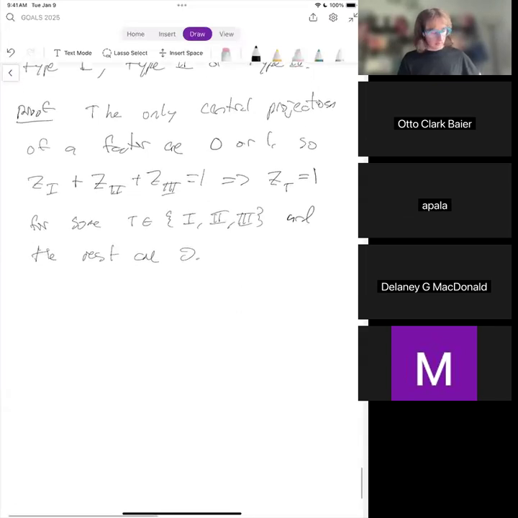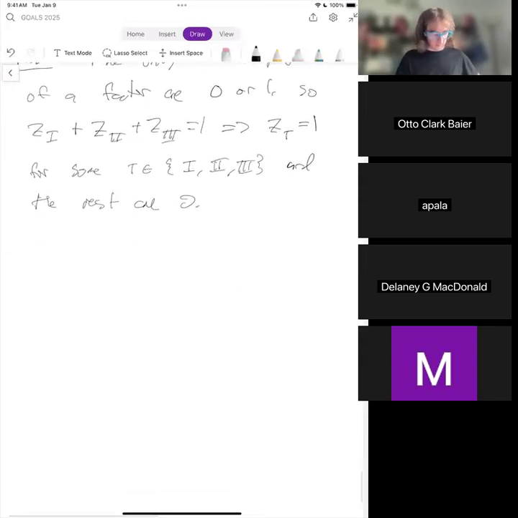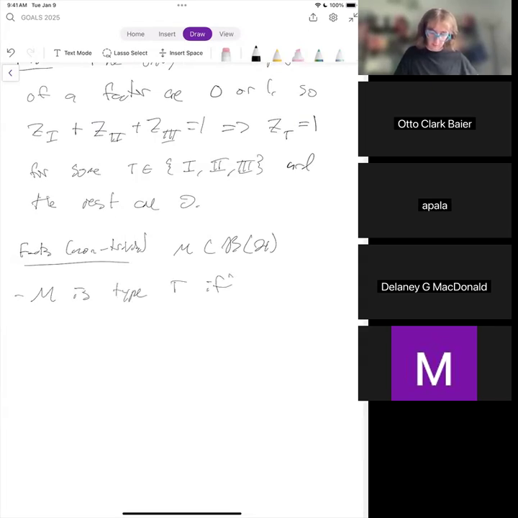And some non-trivial facts. A von Neumann algebra M is type T if and only if its commutant is type T, T being any of the three types.